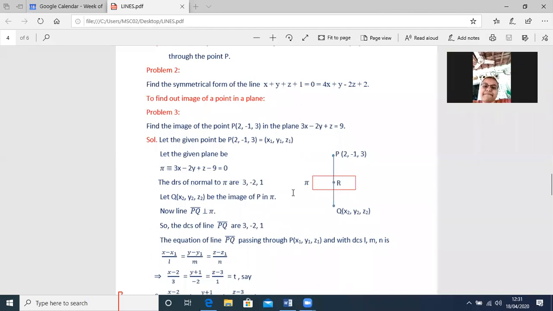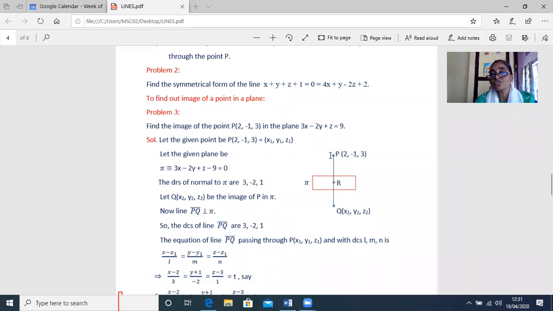Now you know the DRs of the normal to the plane pi are 3, minus 2, 1. PQ is perpendicular to the plane pi, so you are very clear about the DRs of the line PQ, because the DRs of the normal to the plane pi are 3, minus 2, 1. So the DRs of the line PQ are 3, minus 2, 1.